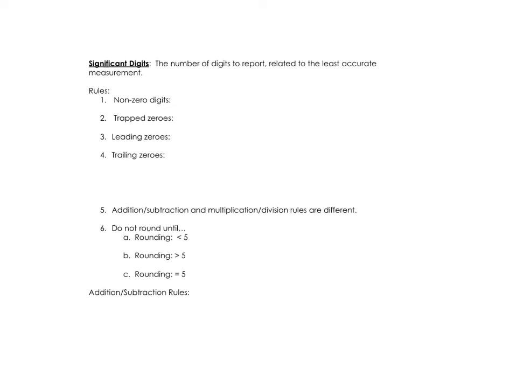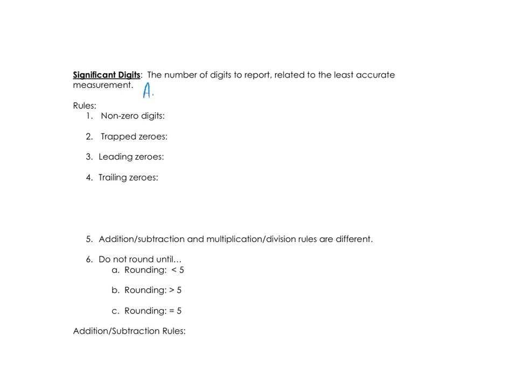So the rules for significant digits go like this. The first thing you should do, and I'll put this as kind of like A instead of 1, is look for a decimal. Because this is going to affect a lot of things.